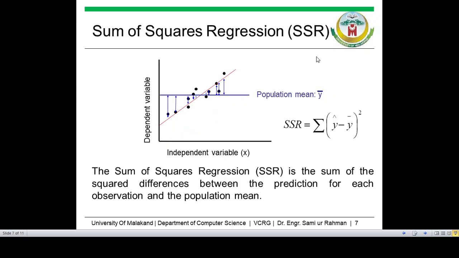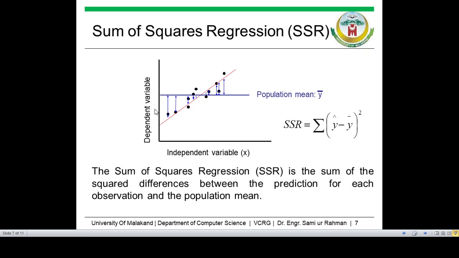Okay, sum of square regression. This is a similar formula, but the sum of square regression is the sum of the squared differences between the prediction for each observation and the population mean. Here the difference is that instead of the actual value, we consider the population mean.